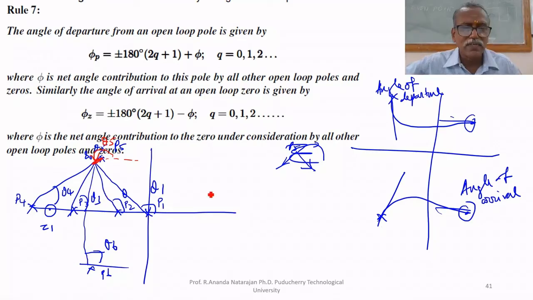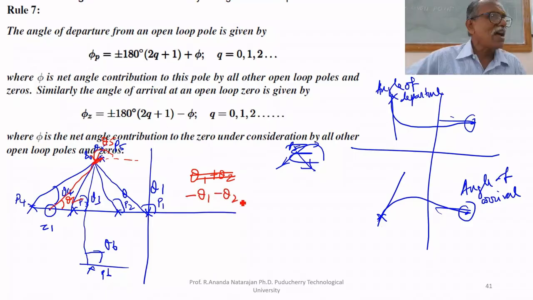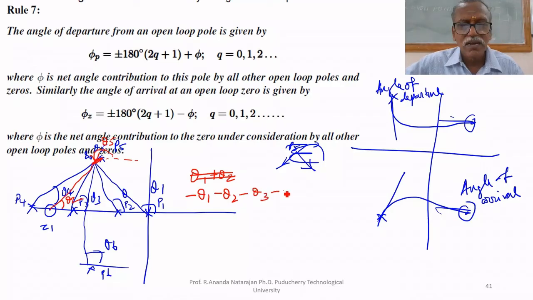And for Z1 also we have an angle, let us call it theta Z. So, minus theta 1, minus theta 2, minus theta 3, minus theta 4, minus theta 5, minus theta 6, and minus theta Z equals plus or minus 2q plus 1 multiplied by 180. Why do I put minus? Because theta 1, theta 2, theta 3 are for poles. Am I correct or not?